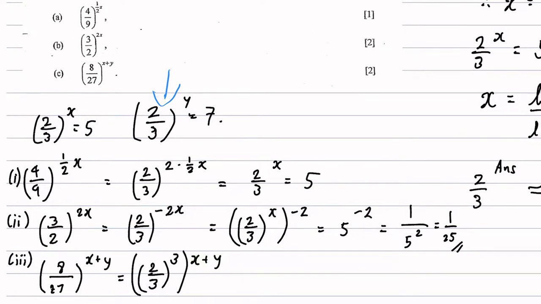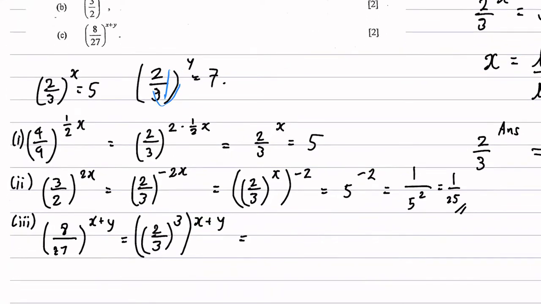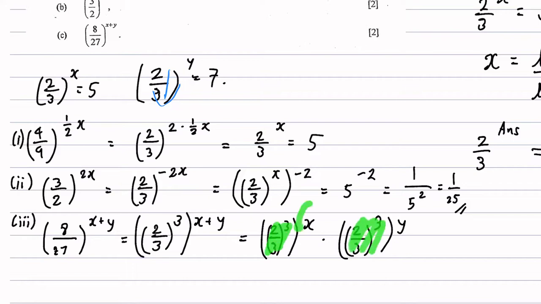Do you agree with me that it is really just (2/3)^3 to the power x times (2/3)^3 to the power y? Correct or not? Same base, different power, you multiply, you just add the power.